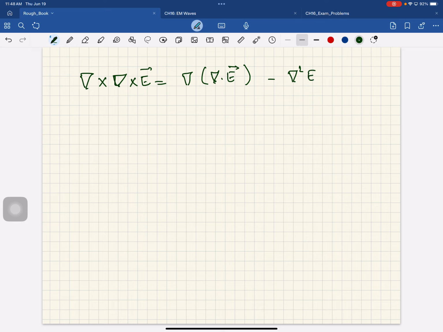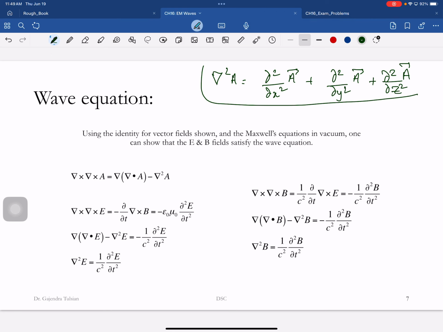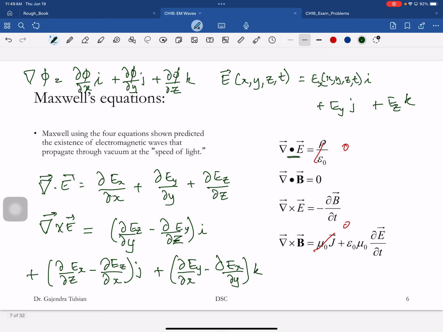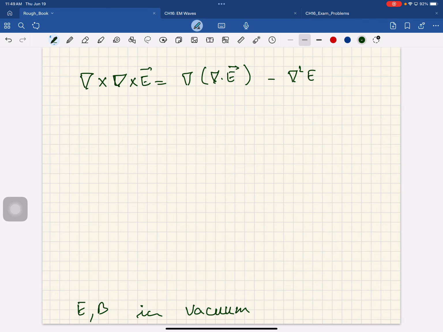We are studying fields in vacuum, E and B in vacuum. In vacuum, we saw that divergence of E is 0. So this term is 0. All right. What's on the right hand side?